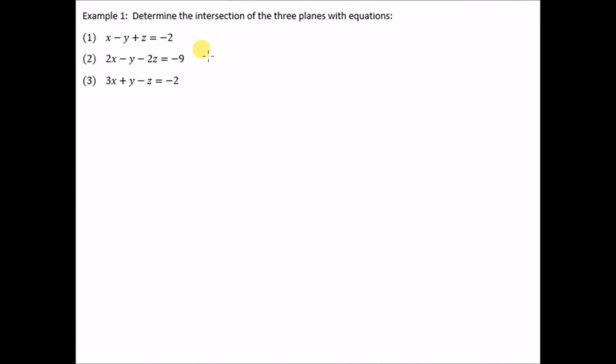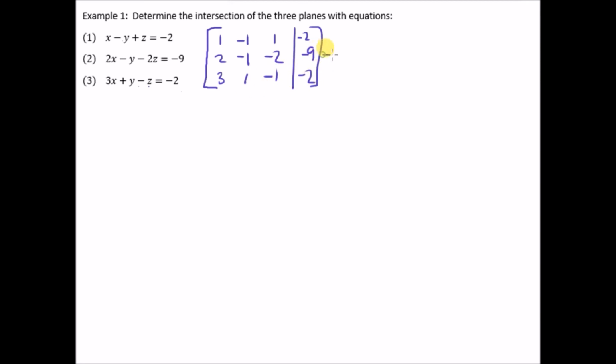This is where those elementary operations are going to come into play and be very, very important. We're going to determine the intersection of the three planes with these equations. So I'm going to rewrite these in a matrix. 1, negative 1, 1, negative 2. 1, negative 1, 1, equal sign, negative 2. 2, negative 1, negative 2, then we have negative 9. 3, 1, negative 1, negative 2.